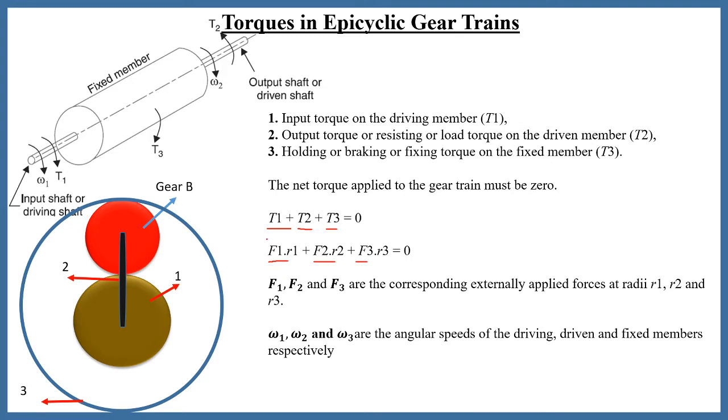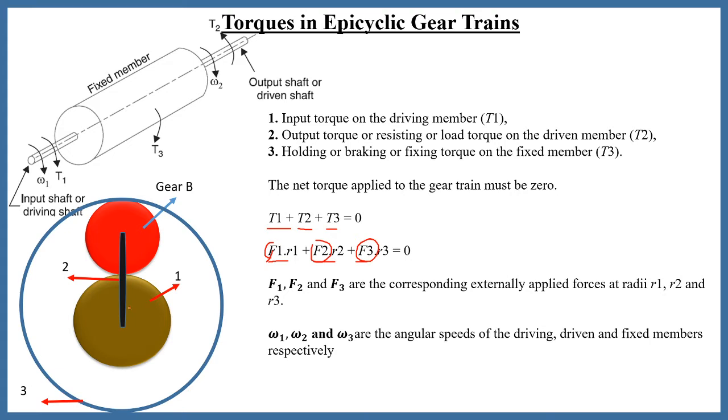Now F1, F2 and F3 are the externally applied forces. These are actually the tangential forces which are developed because of the gear when we transmit the motion.